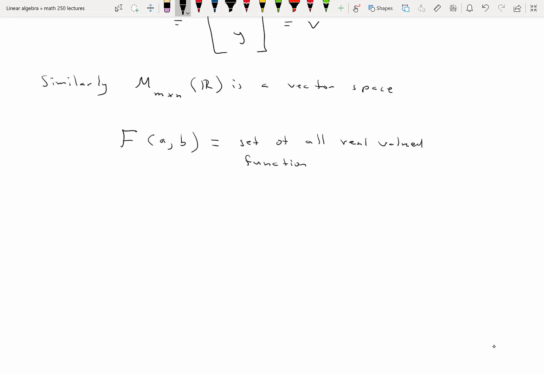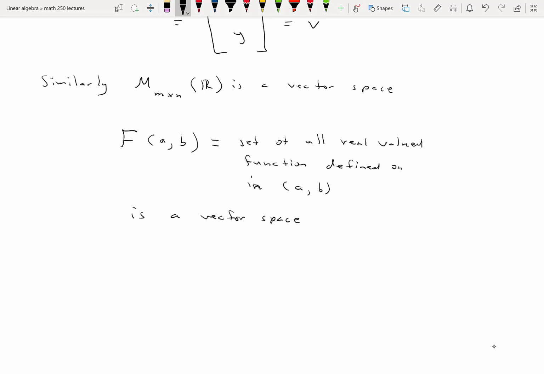The set of all real valued functions whose domain is the open interval (a,b) is a vector space under the ordinary operations of addition and multiplication of functions.